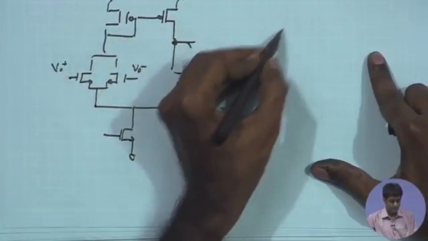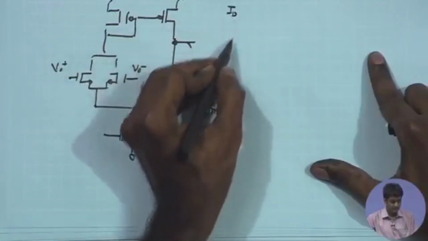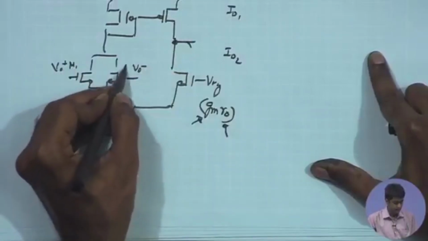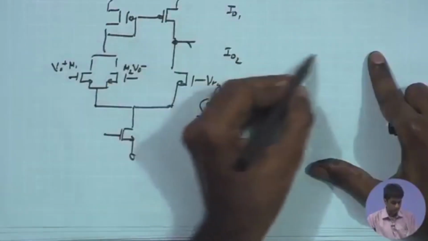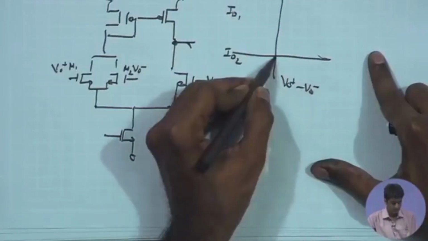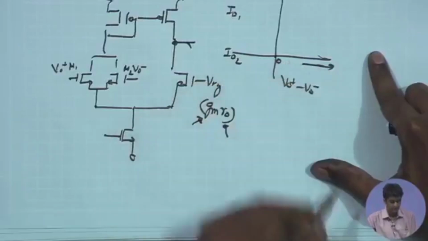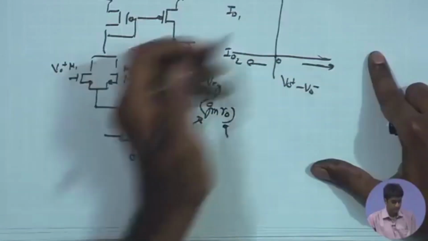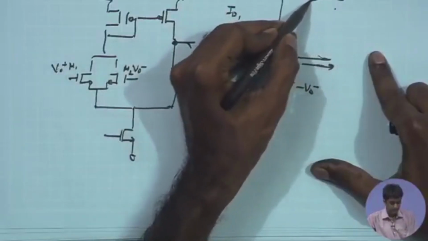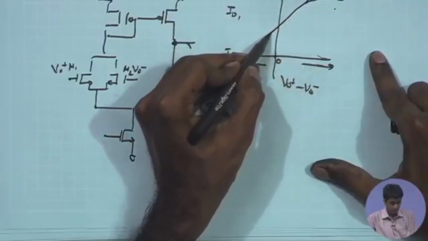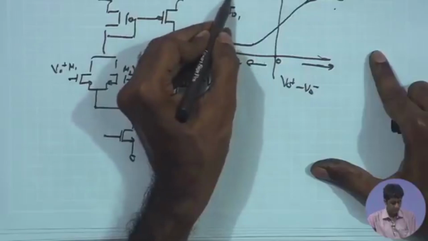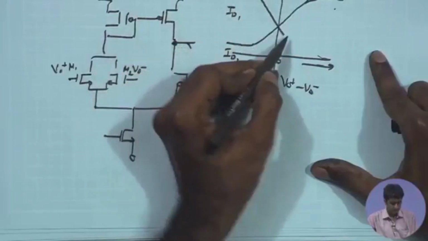If you look at the differential pair response and look at the currents ID1 and ID2 in the two devices, say M1 and M2, as a function of, say, VO plus minus VO minus, suppose this is 0 and on this side we have positive VO plus minus VO minus, ID1 will be going higher on this side, and as you make VO plus minus VO minus negative, ID2 will be increasing and ID1 will be decreasing.